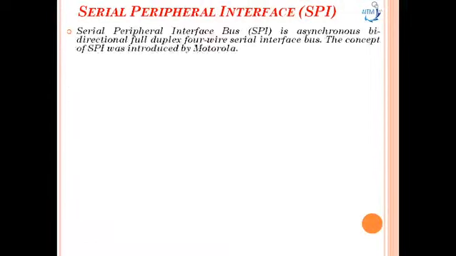Now coming to the second onboard communication interface, that is the Serial Peripheral Interface. The serial peripheral interface bus is a synchronous, bidirectional, full duplex 4-wire serial interface bus. The concept of SPI was introduced by Motorola.